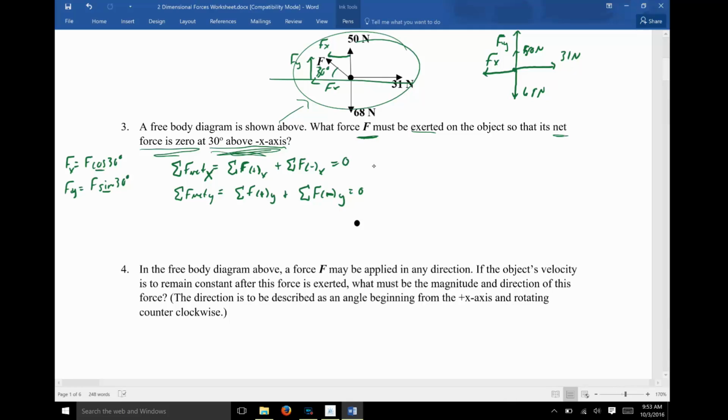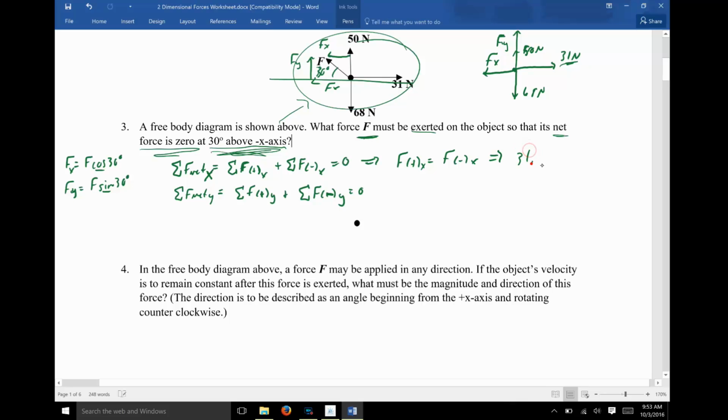So on the x-axis, we have to set that the forces in the positive x direction must equal the forces in the negative x direction, okay? So let's plug in a few numbers. In the positive x direction, I have 31 newtons.